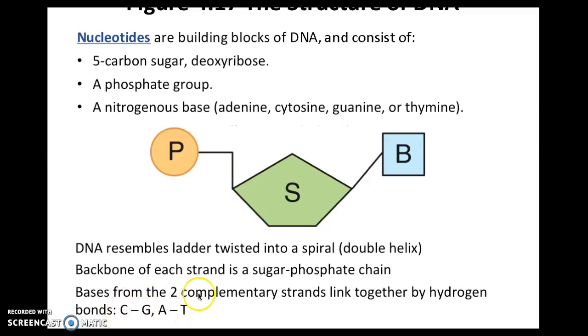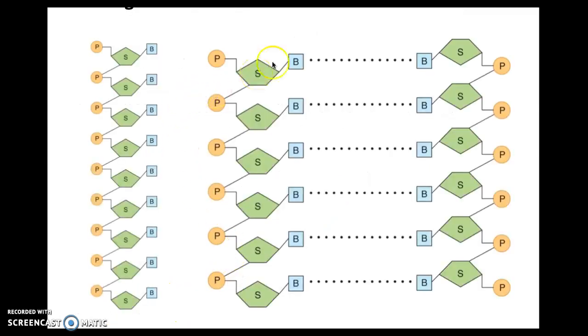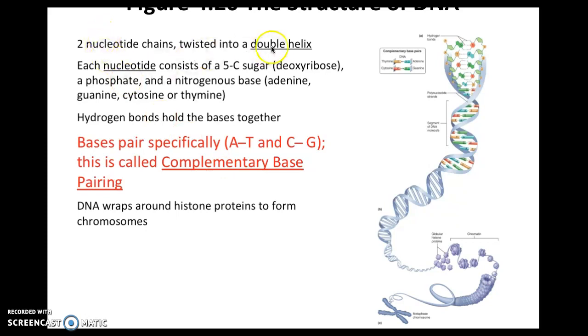A to T, G to C. And here you see the sugar backbone, and then on the outside here are phosphates and the base attached to each sugar, and they are bound together, A to T, G to C, and we have hydrogen bonds that connect those bases together. So again, it's a double helix. The sugar in DNA is called deoxyribose. The bases in DNA, A to T, G to C, and they're called complementary base pairing.